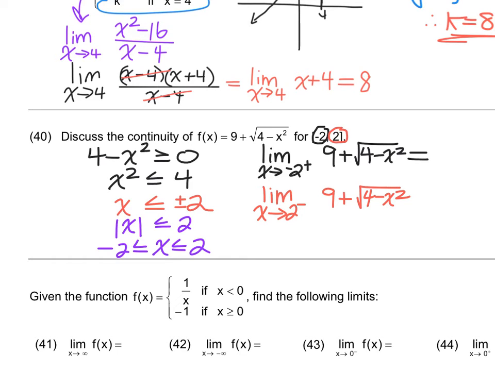So if I plug in a -2 to the first expression, I just get a 9. The radical part cancels out. If I plug in a +2, I just get a 9. These two things don't have to be equal to each other. They just have to exist. It does not matter what they are, as long as they exist. Turns out that they're the same, which is coincidental.